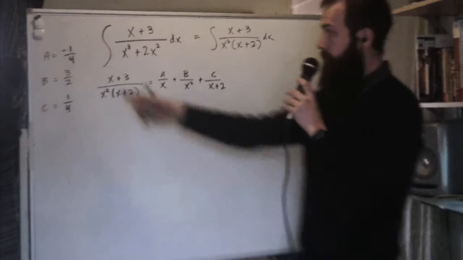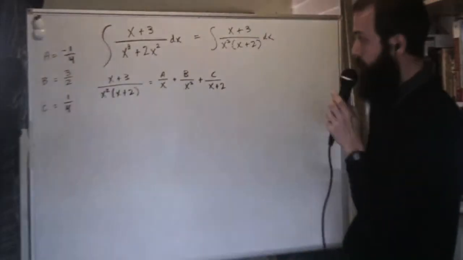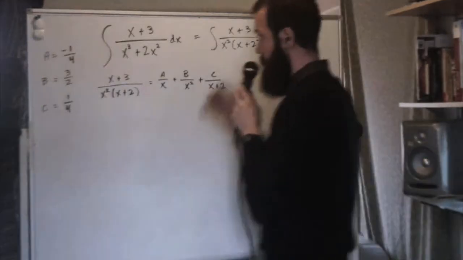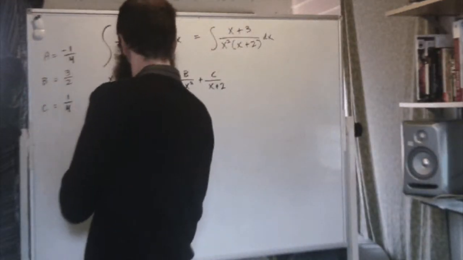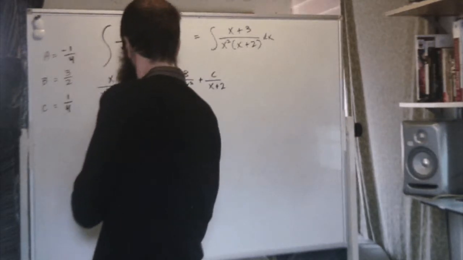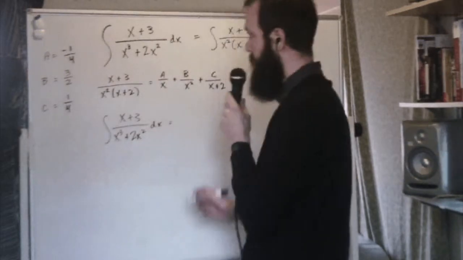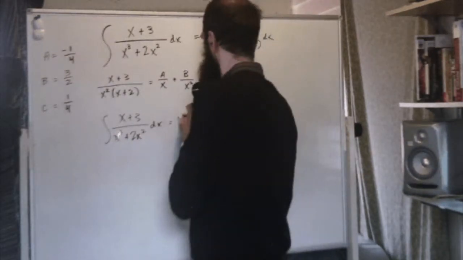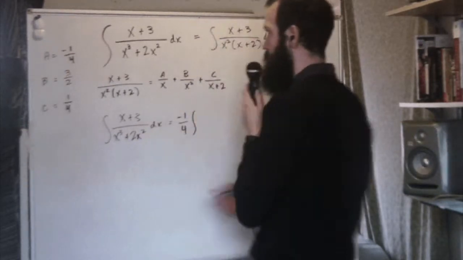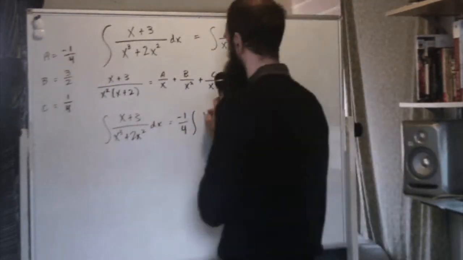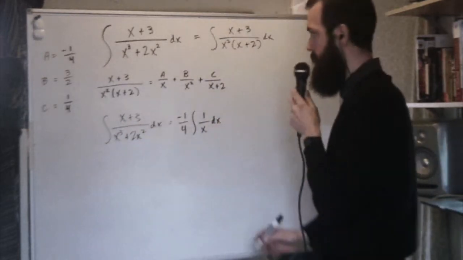So now that we have found the value of our variables, we'll reconstruct the integral. So the original indefinite integral is equal to a over x. We have negative 1/4. Now I'm going to leave this out of the integral. It's a constant. So we'll just be left with 1 over x dx.